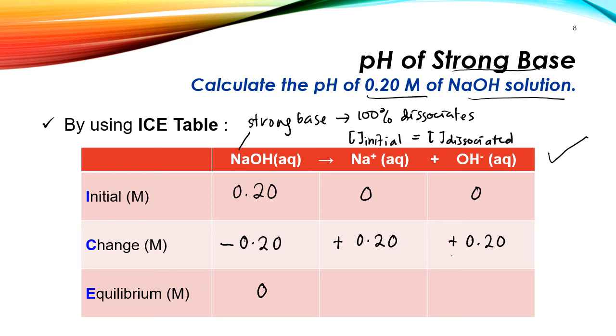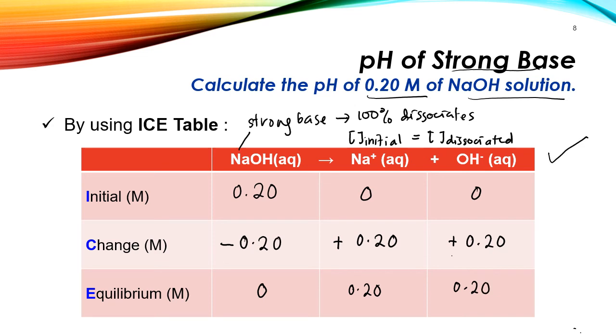Therefore, no more NaOH is left after the reaction. That shows how the NaOH is completely dissociated during the reaction. For Na+, they have increased in concentration by 0.20 molar, so at the end of the reaction they still have 0.20 molar. As well as the OH- ions, also with the same concentration, 0.20 molar.